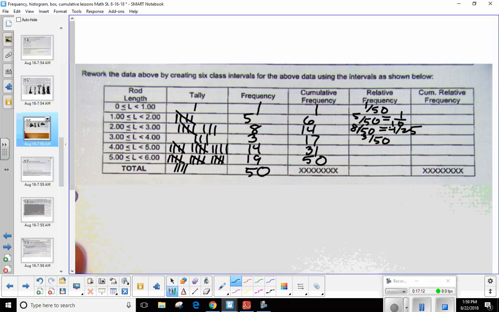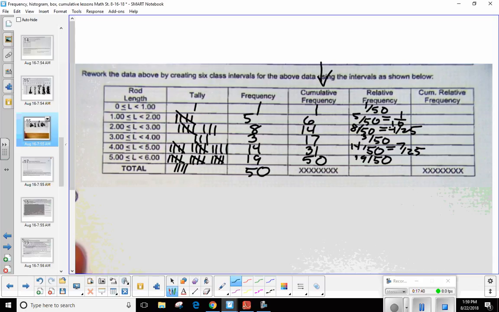And then we got 14/50ths, which would be 7/25ths. And finally, 19/50ths. Okay. And then, of course, we could get a total there, which, again, should be what? 50/50ths, your 100%.